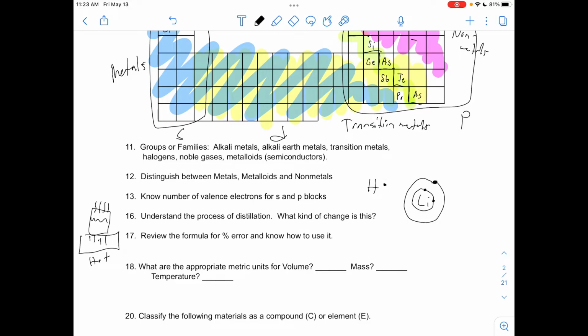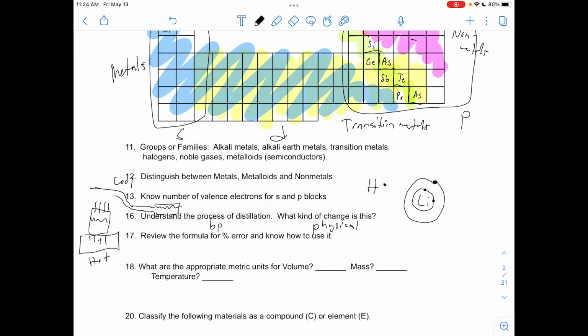And if I capture that water vapor, put it in a tube that leads somewhere else, and cool it into the second jar, this would be a type of physical change, because although I'm heating the water, turning it into a gas, and then cooling it, turning it back into liquid, it's still water. I can get it back into its original form. And so anytime you can get something back into its original form, it would be a physical change. And distillation is a process where we separate things based upon their boiling point.